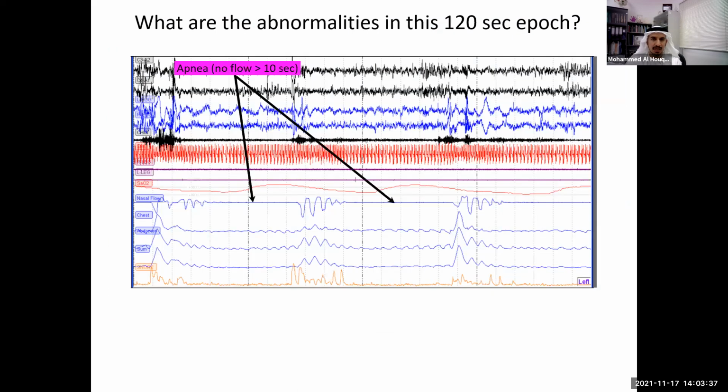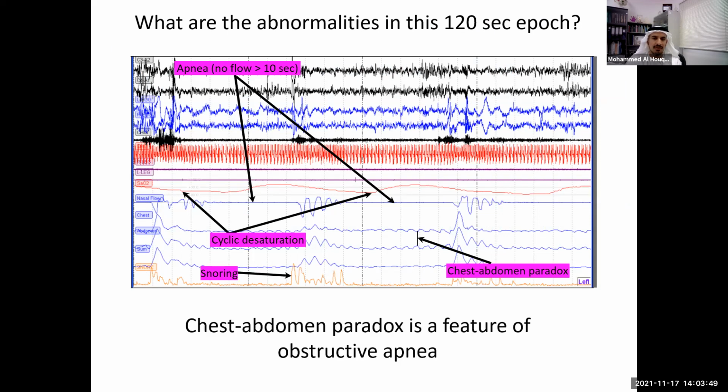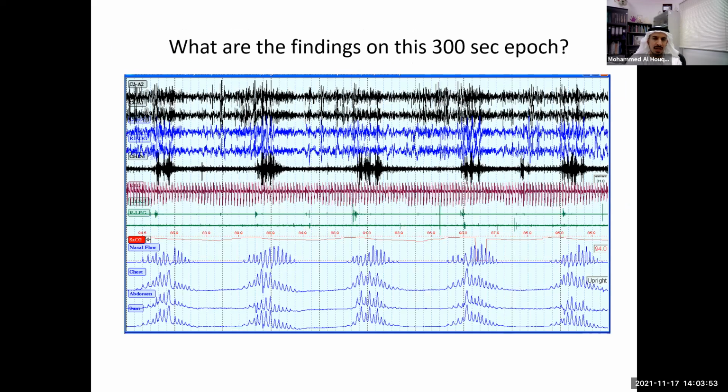Okay, another example of apnea with cyclic desaturation, snoring in between, and paradoxical respiratory movement. Another feature of obstructive sleep apnea.